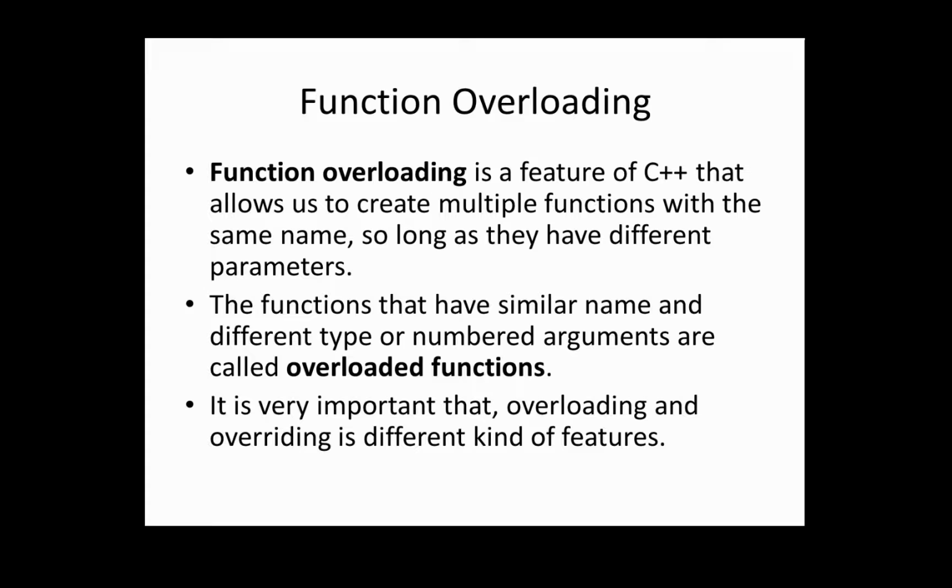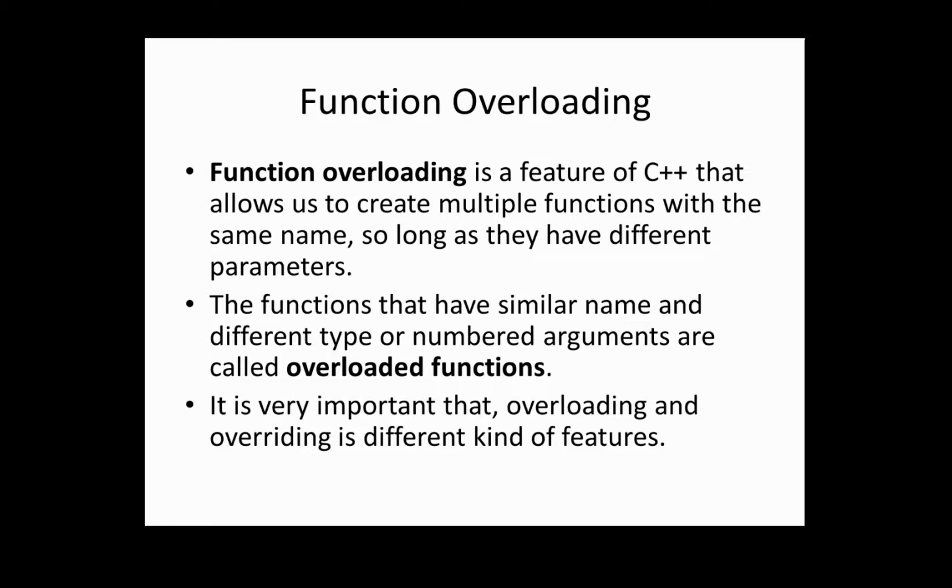Okay? For example, assume that I have two functions that have the same name, let's say basic sum, and one of them is taking two integer values as arguments, and the other one is taking two float variables as arguments. If I call the first one, it is going to calculate the sum of two integer values, and if I call the other one, it will calculate the sum of two float variables.